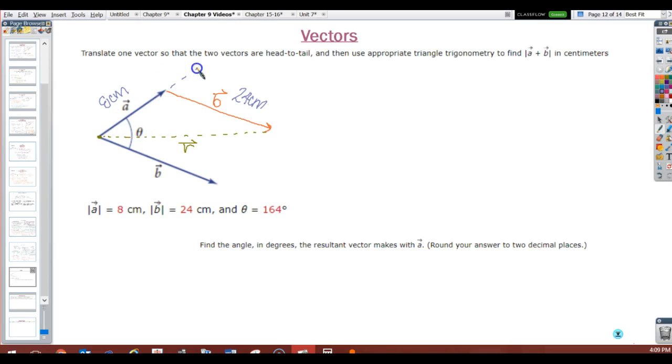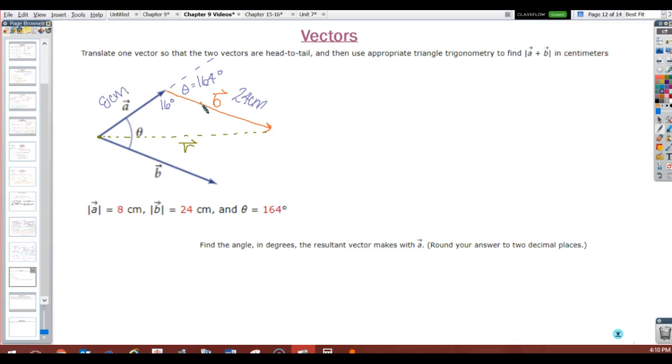So we're going to extend this path of vector A, and since these two lines are parallel, cut by a transversal, this angle will be equivalent to this angle right here. So that exterior angle will be 164 degrees, which would then mean that this interior angle is 16 degrees. Clearly not drawn to scale, but that's okay.